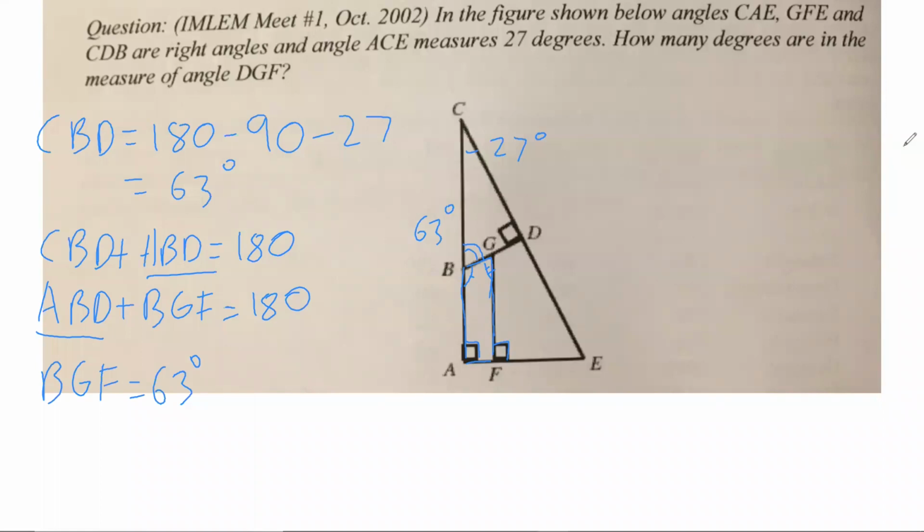Since they're asking for DGF, which occupies the same line as BGF, then DGF is equal to 180 minus 63, which should come out to 117.